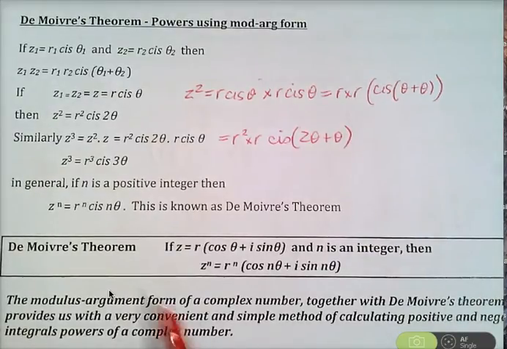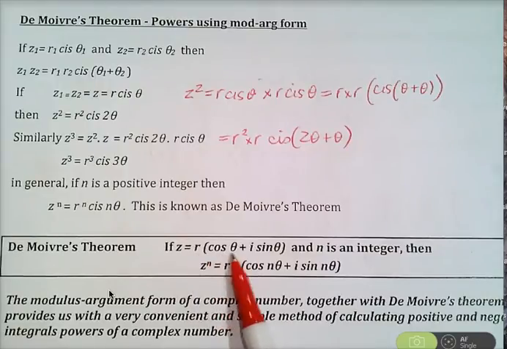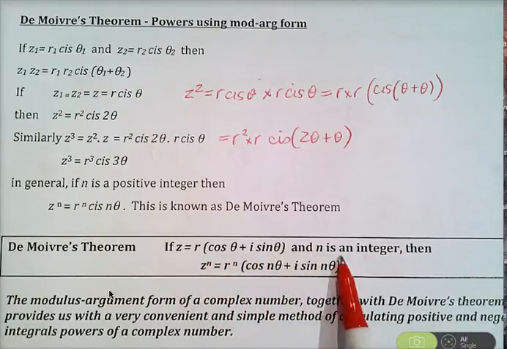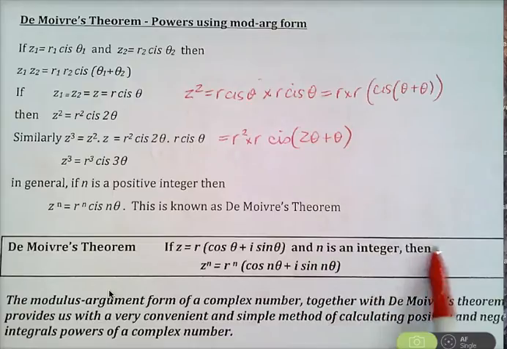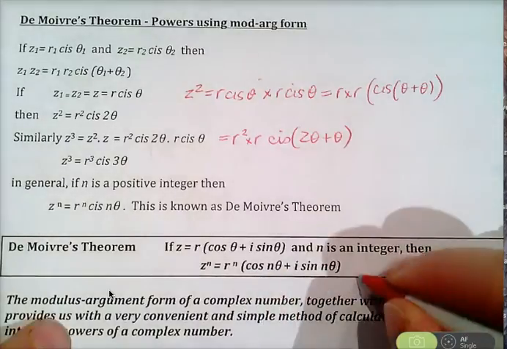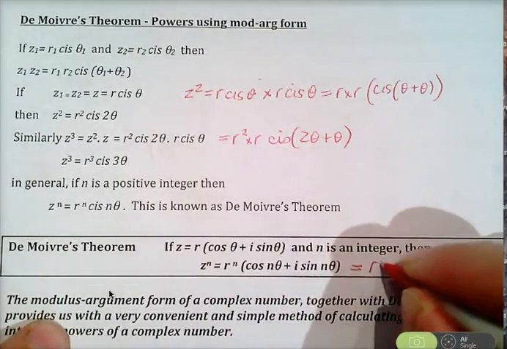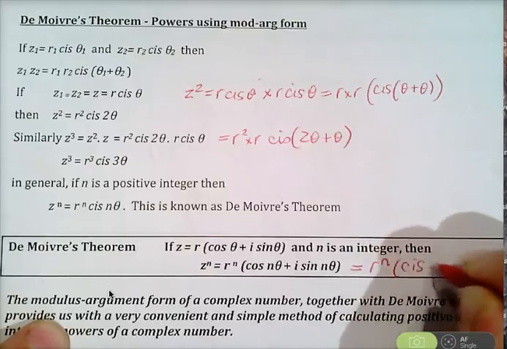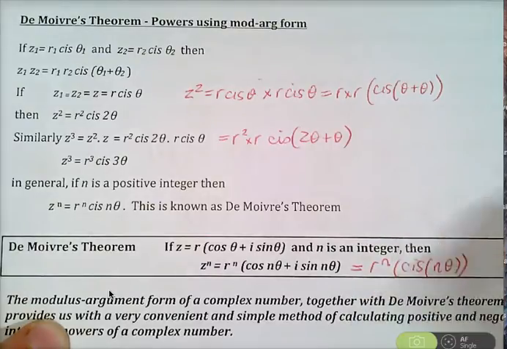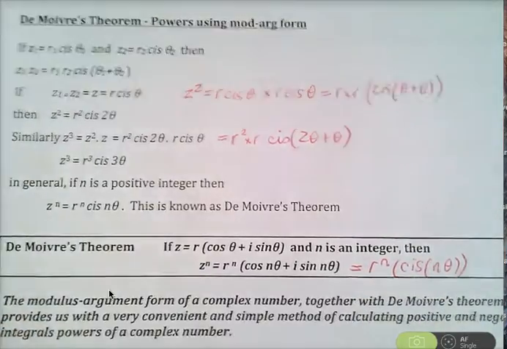So therefore, De Moivre's theorem is, if Z equals R cis theta or R cos theta plus I sine theta, and n is an integer, then Z to the power of n is equal to R to the power of n cos n theta plus I sine n theta, or it's R to the n cis n theta. Okay? So that's De Moivre's theorem.